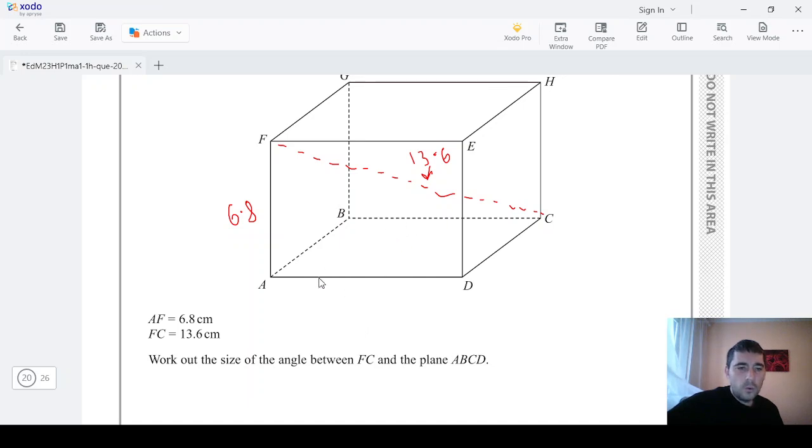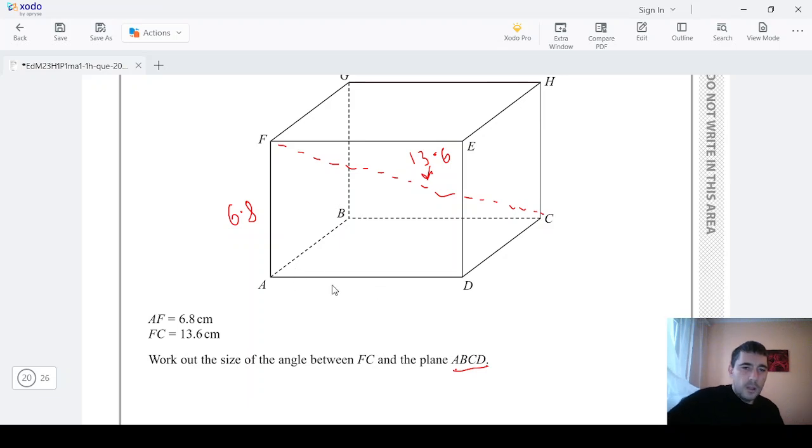Work out the size of the angle between FC and plane ABCD. What it means is we need to work out the angle between this line FC and the diagonal of that rectangle.